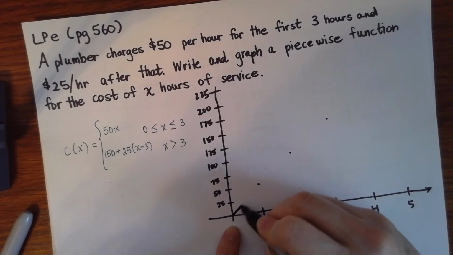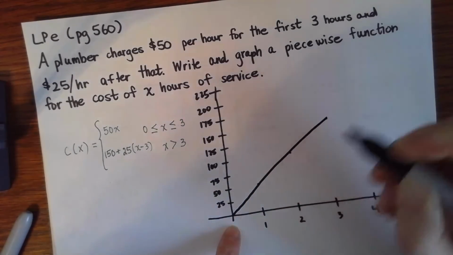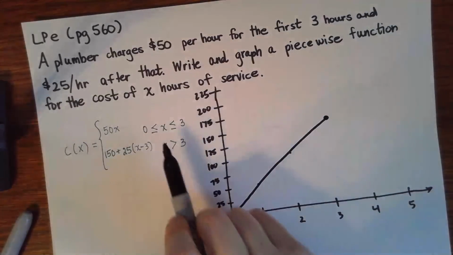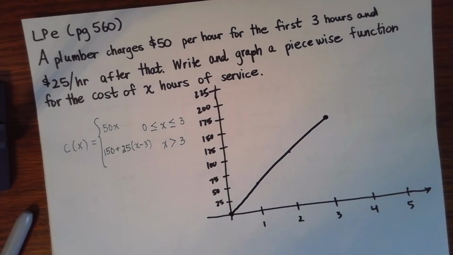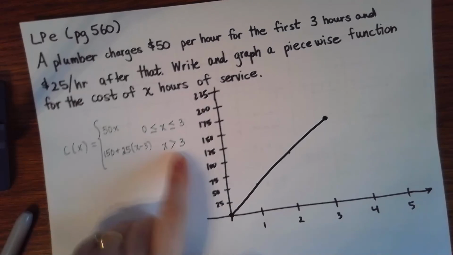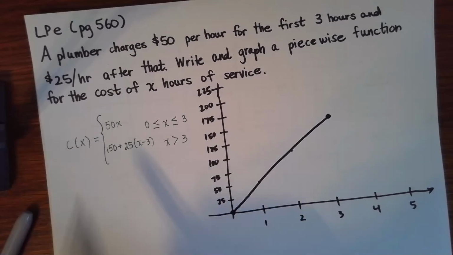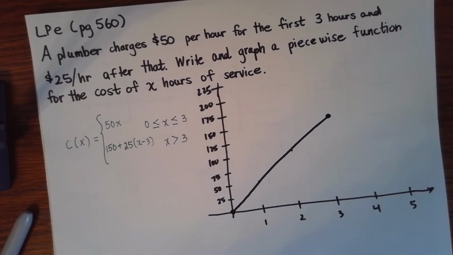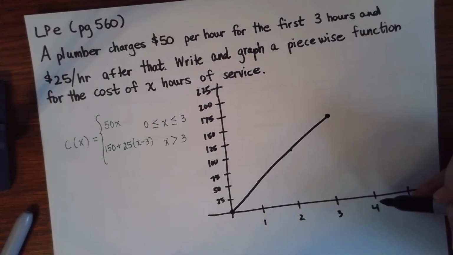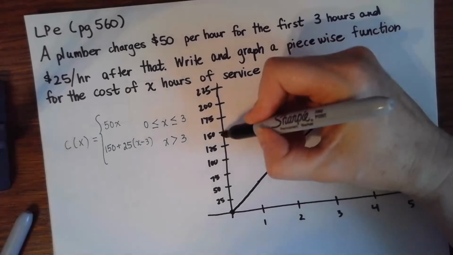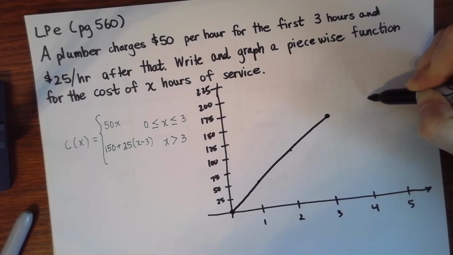And so in general you're going to just get this linear kind of thing here, and I'll put closed circles on those because of the equals. And then after that, instead of having a rate of $50 per hour, we're going to get only a rate of $25 per hour. So you can see that in one more hour, the price is only going to go up by $25.